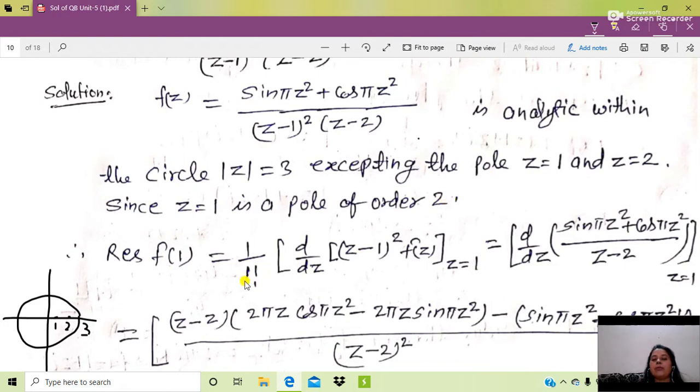So it will be 1 upon factorial 1 into the differentiation of (z − 1)² f(z).